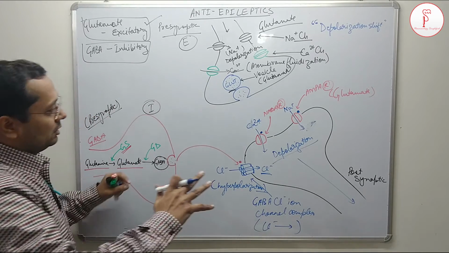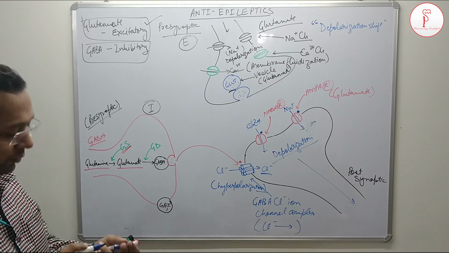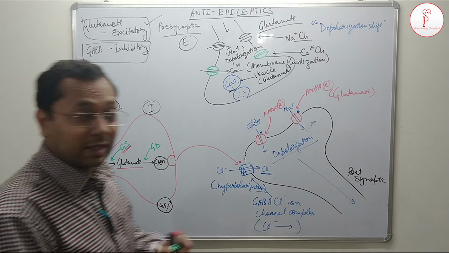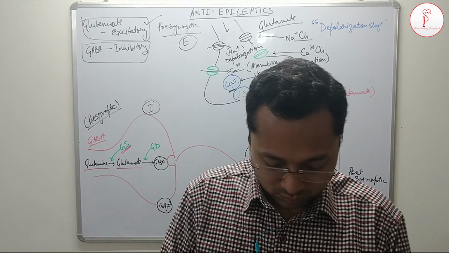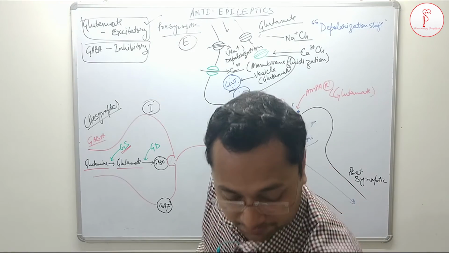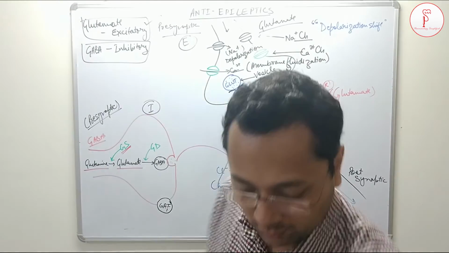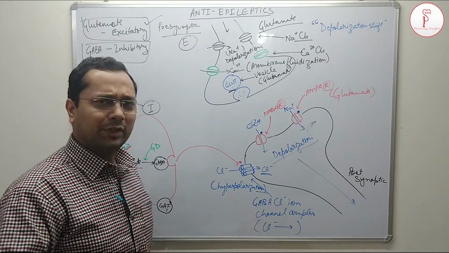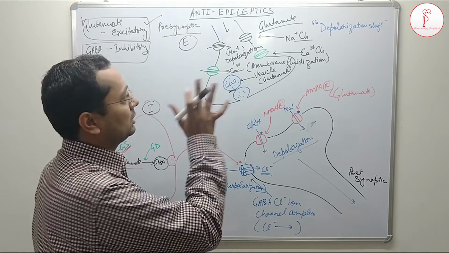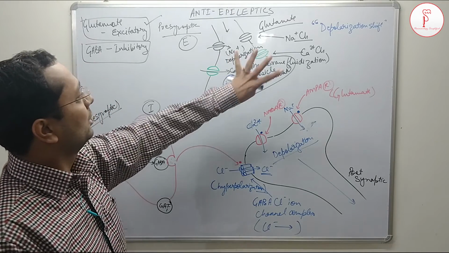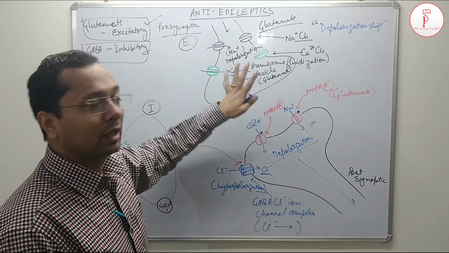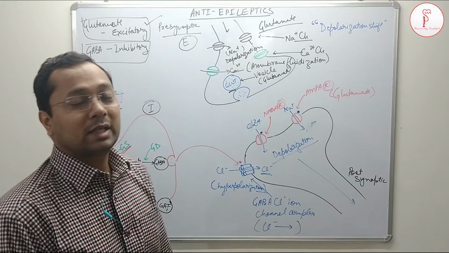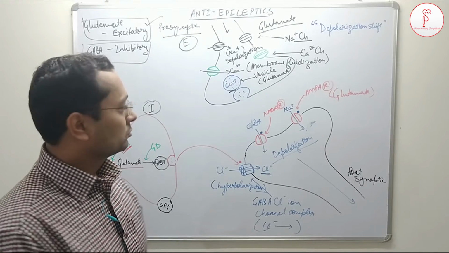So now this is the whole setup where we can modulate the targets and draw some drug therapies, right? Pause this video for a moment and think about where we can do the modulation in this whole setup so that epilepsy does not occur.